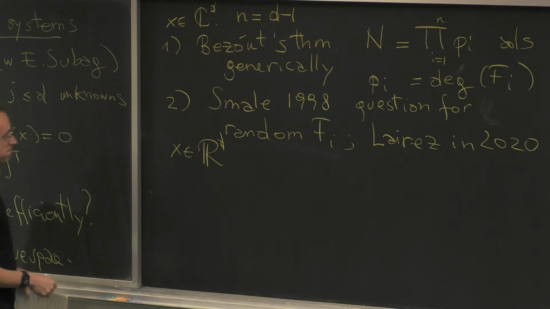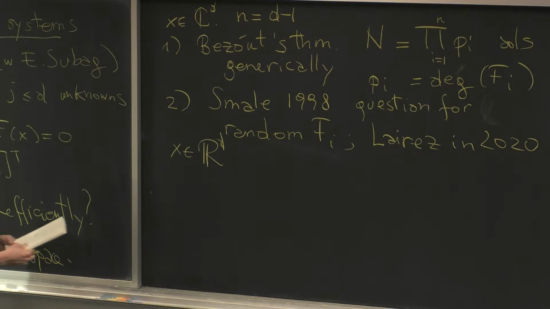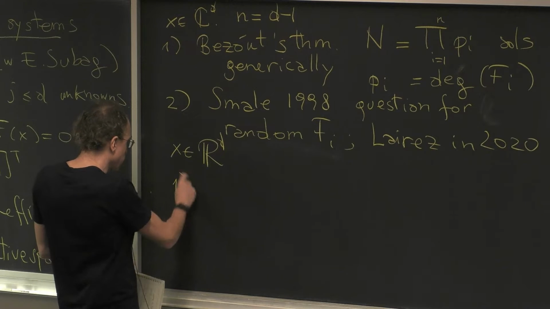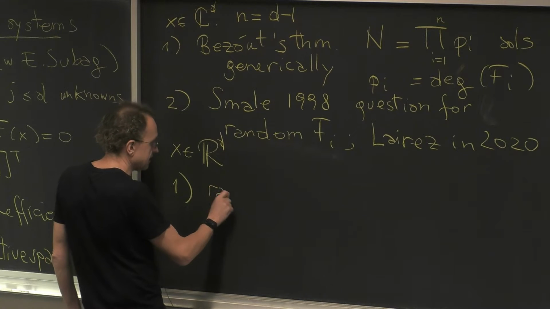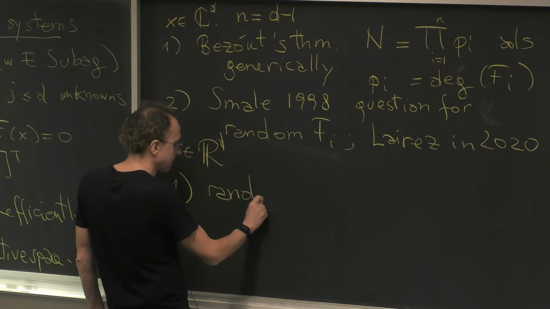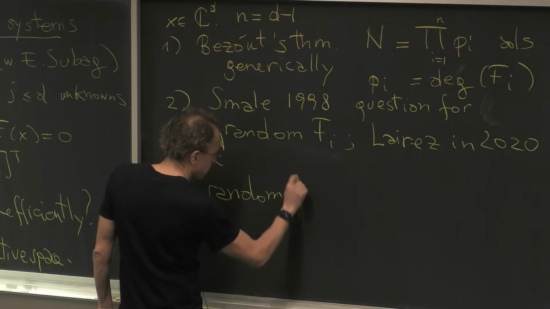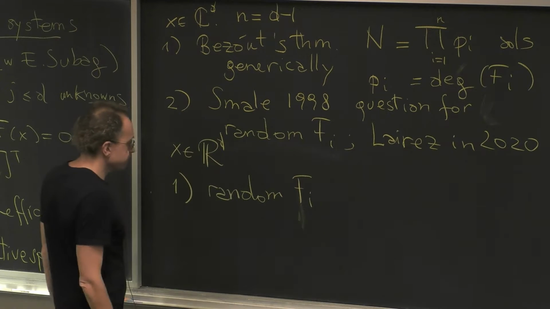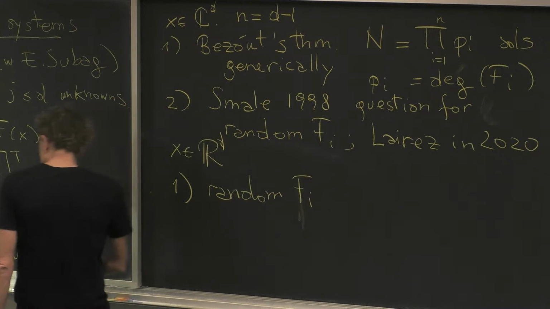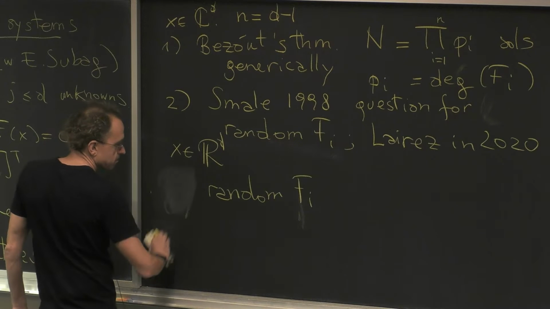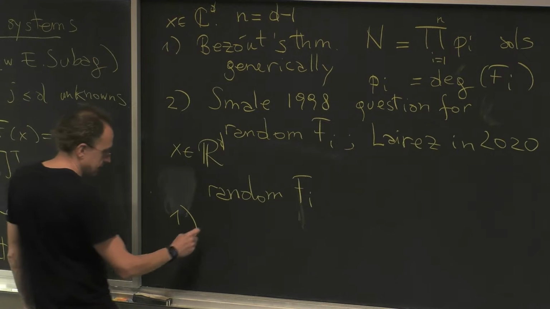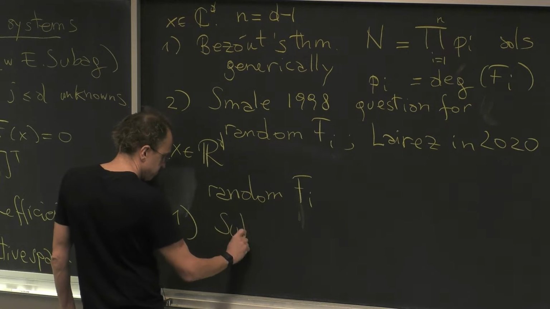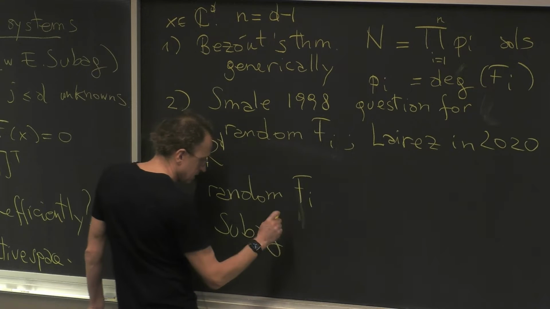So what happens if my vector is real? Well, for question 1, always looking at random polynomials, and I will describe what I mean by random polynomials, question 1 was addressed by Eliran last year again.